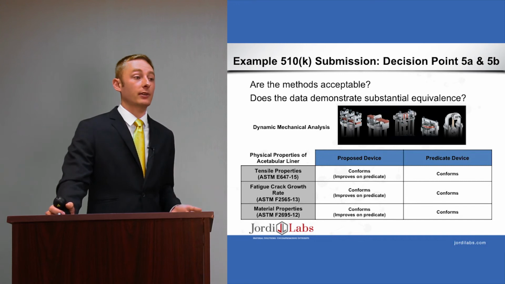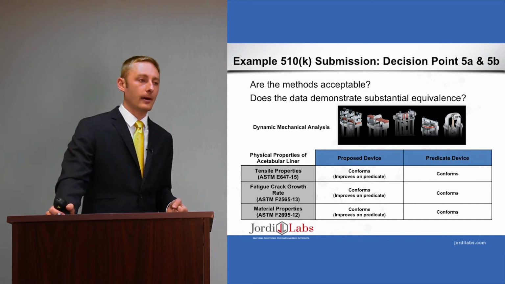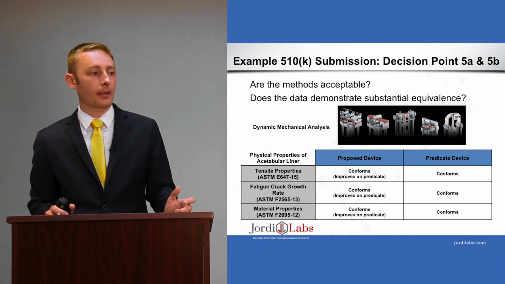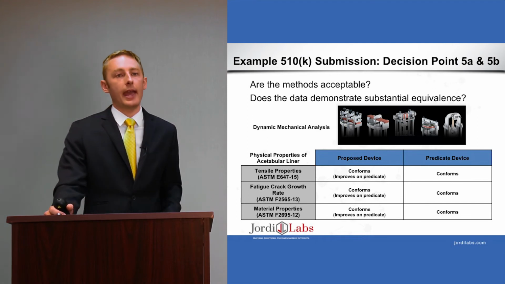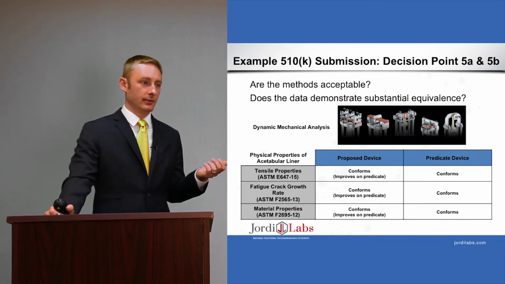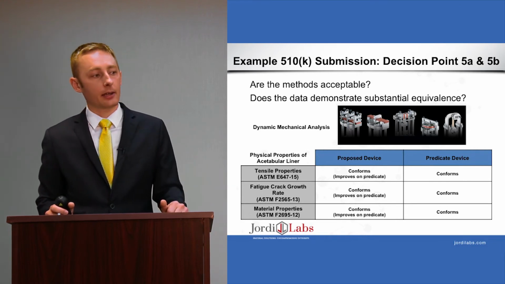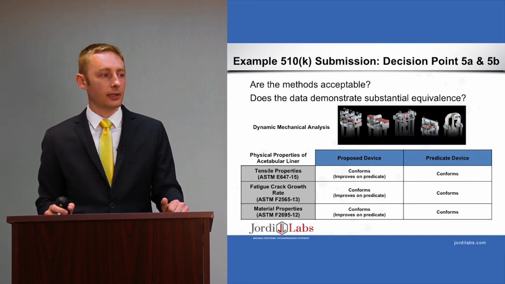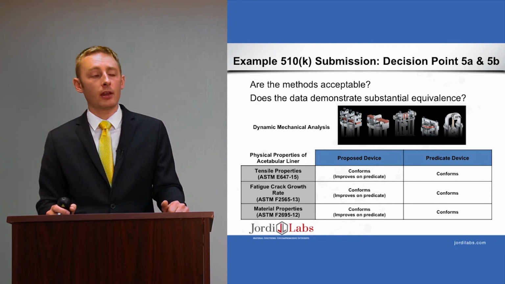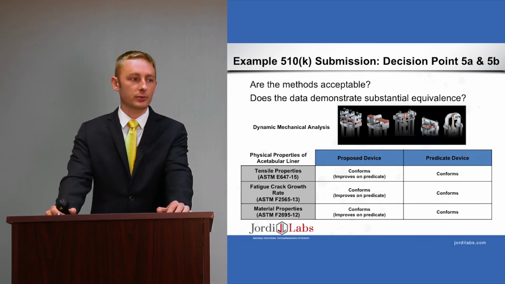We might check fatigue crack growth rate through ASTM F2565, and we would see that that also conforms and improves on the predicate. Or we might compare the material properties using F2695. And again, it would be conforms, improves on predicate.